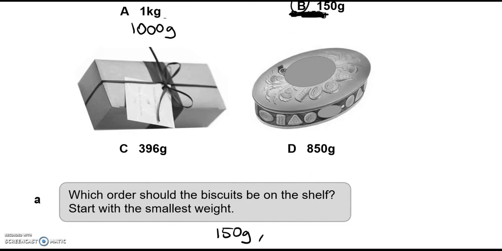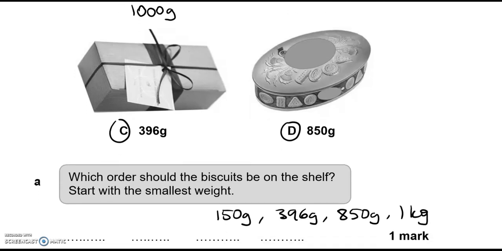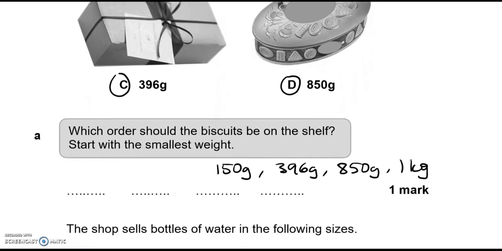And then we've got 396 grams. Then we've got 850 grams, and finally 1 kilogram. Let's put them in the right spaces.